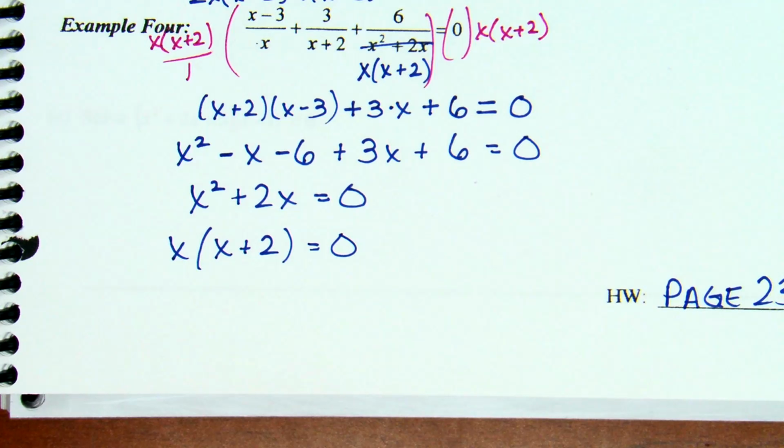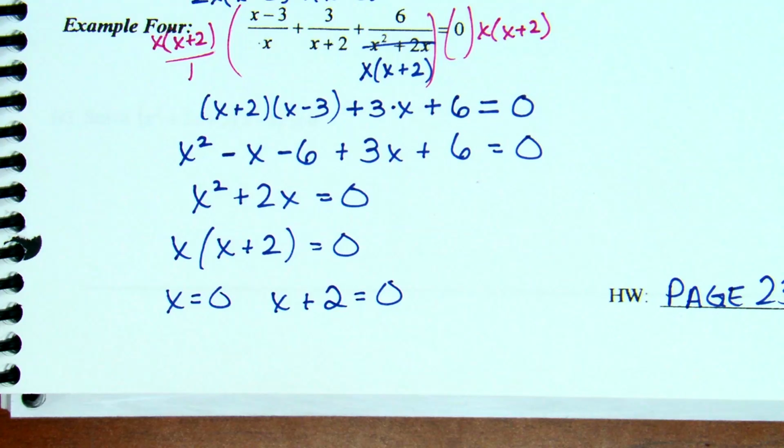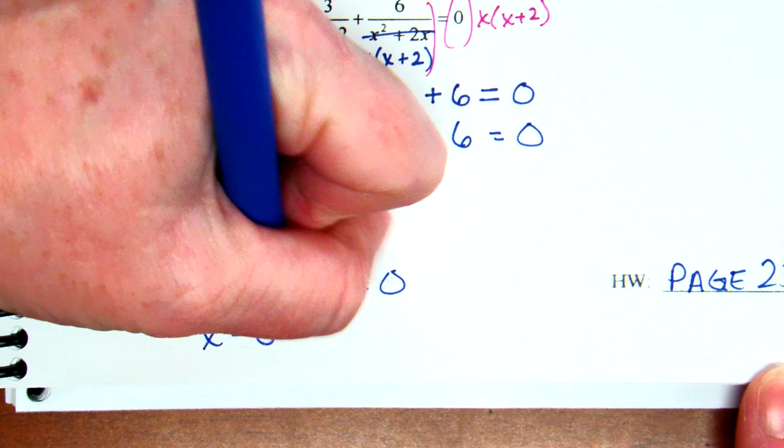Set both parts equal to 0, right? What is the first part I'm talking about saying equal to 0? X. So x equals 0 and x plus 2 equals 0. What's that make my solutions? 0 and negative 2.